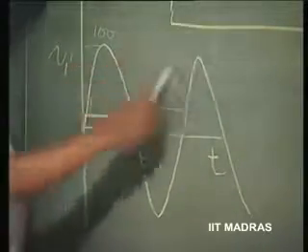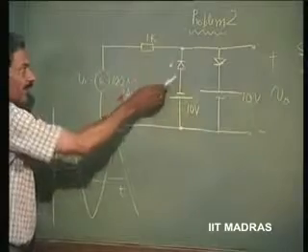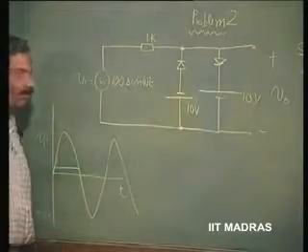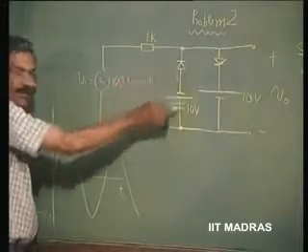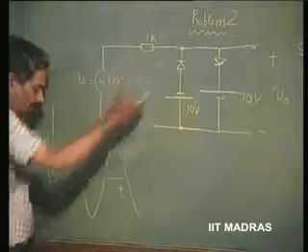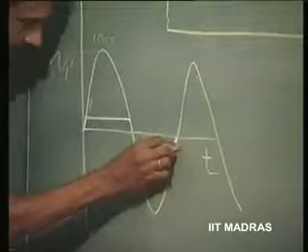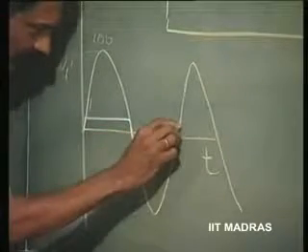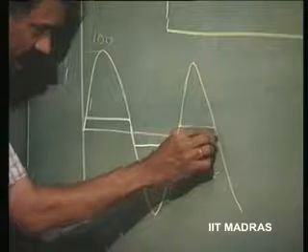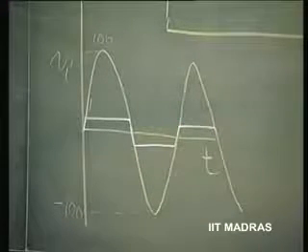And in this direction, when it is going negative, this diode will never allow it to become more negative than this minus 10 volts. So, it will chop off this portion of the waveform, and you will get an output like this. I have already solved partially the problem.